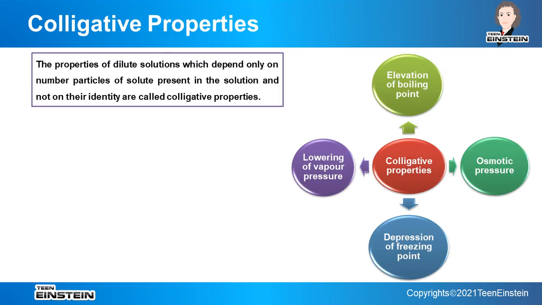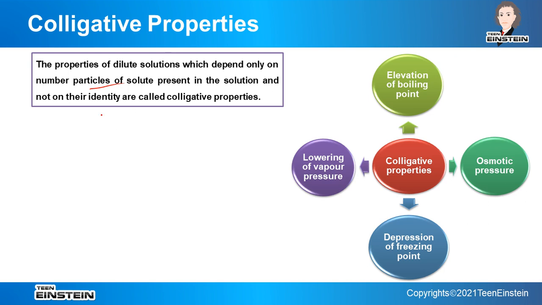Colligative properties, the properties of dilute solution. So these properties are observed in case of dilute solution, and they depend only on the number of solute particles. So here what type of solute you have taken is not important, but the number of particles of the solute present in the solution is important.